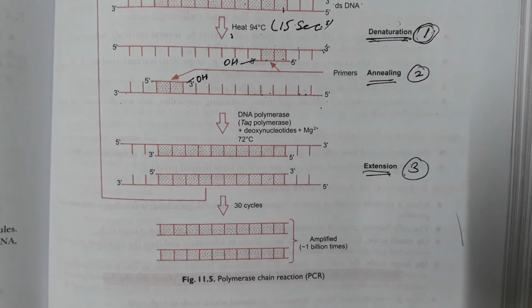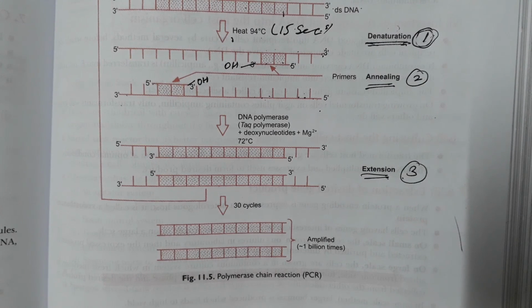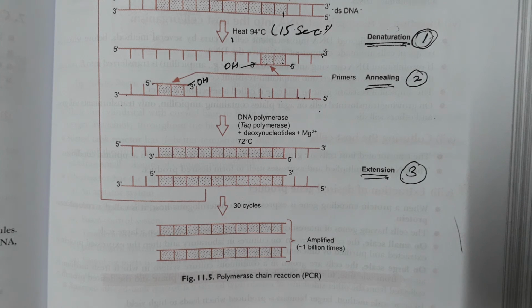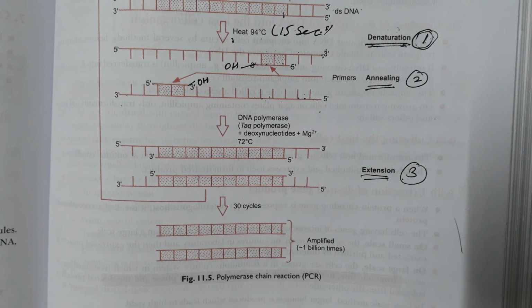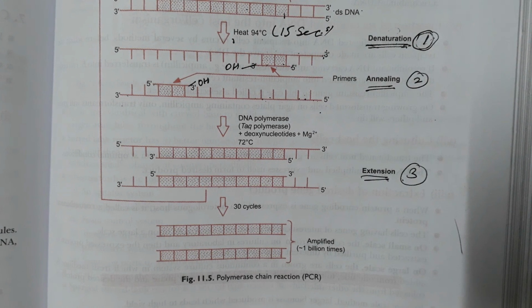Here we are showing 30 repeats, giving 1 billion copies of double-stranded DNA. This is all about polymerase chain reaction. I think the concept of PCR is very clear to you all. Thank you so much.